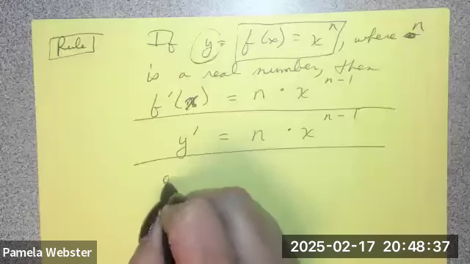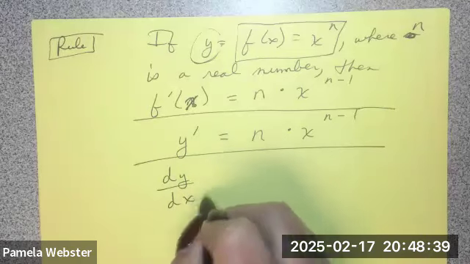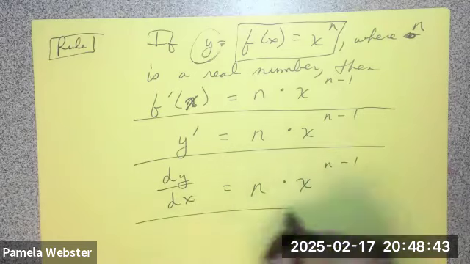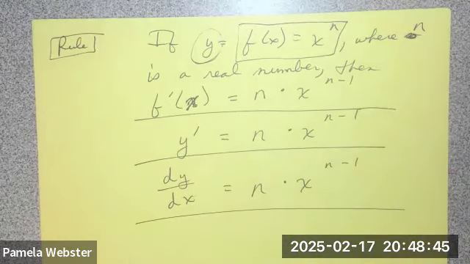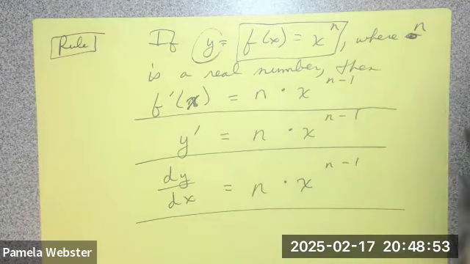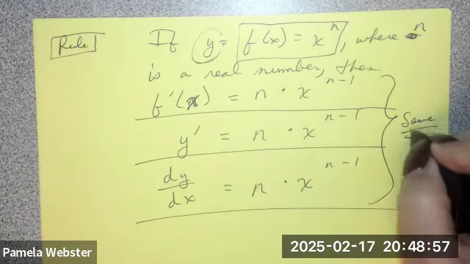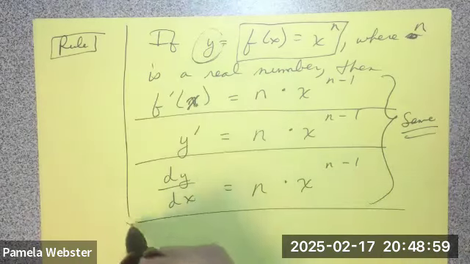These are the same stuff. dy/dx, right? And it looks exactly the same. n times x to the n minus 1. Okay. It all works out the same way. Absolutely. So, in fact, you can do this. These are the same. Okay. There's your rule.